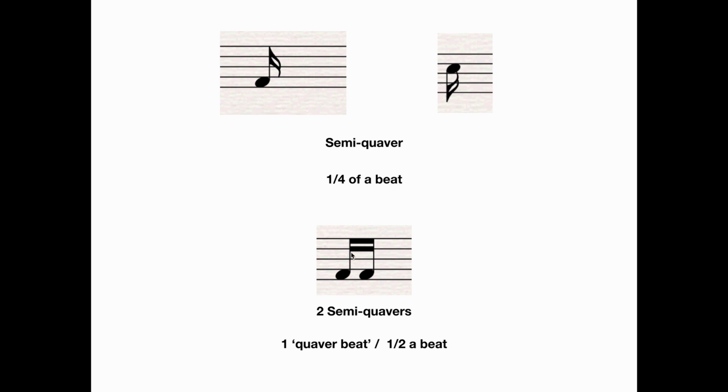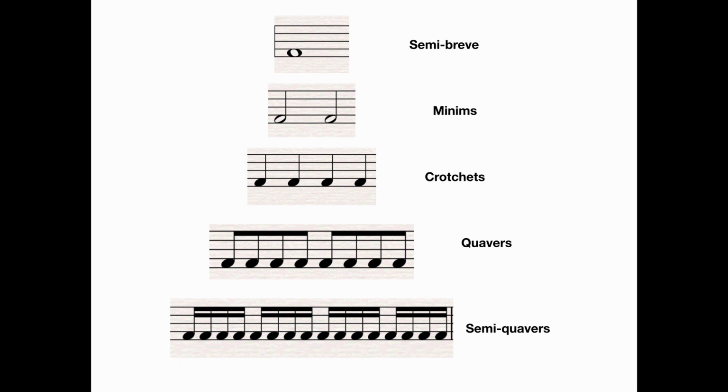And that is regardless of whether the stem is going up or down from the note head. Again, when adjoined, as there are 2 tails, there are now 2 lines going across the top, and that is how you can identify 2 semiquavers. So I just wanted to show you these note names and their values in relation to each other.